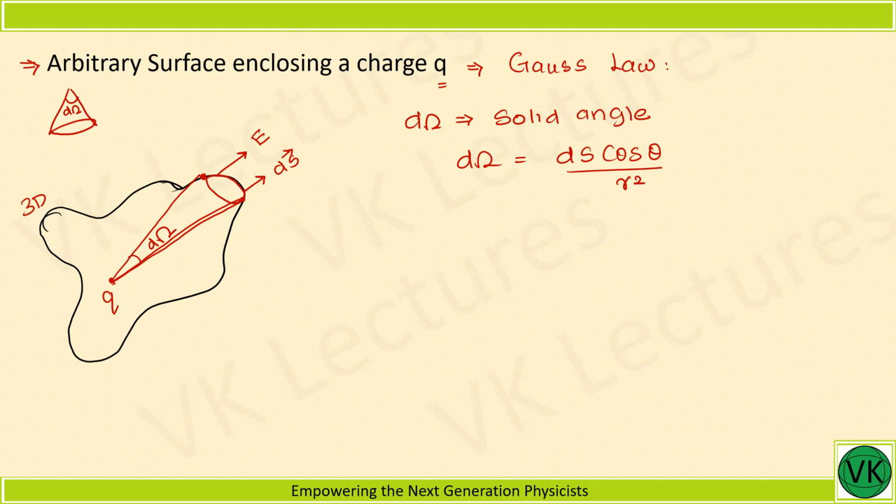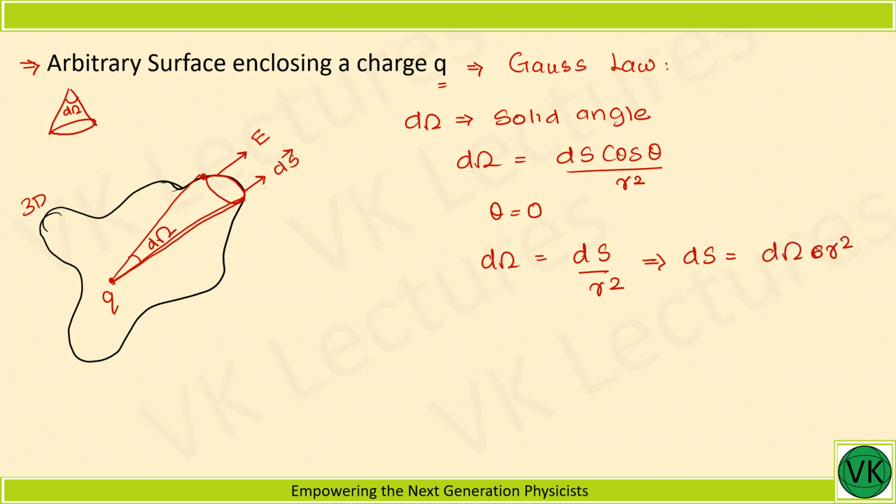Now if theta is equal to 0, d omega is equal to ds by r squared, and from this we can write ds equal to d omega r squared.